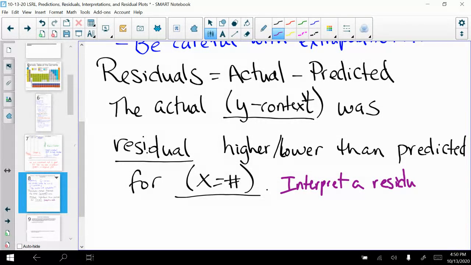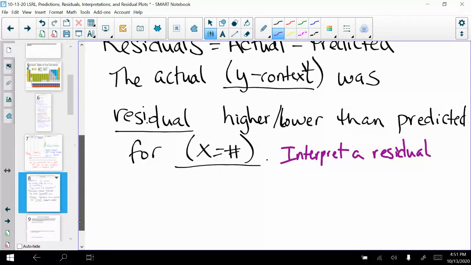If we need to interpret a residual, then we want to say the actual atomic mass for tungsten was 1.8 or something higher than predicted for x equals 74, for an atomic number of 74. So whenever we interpret a residual, we want to use the sentence structure with our context, then the residual is a number, and then we give that x coordinate.